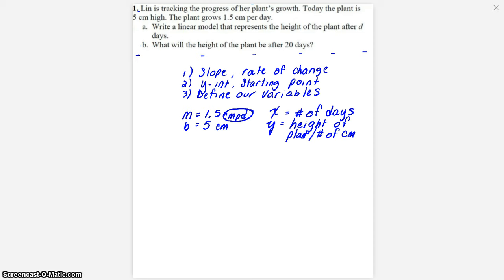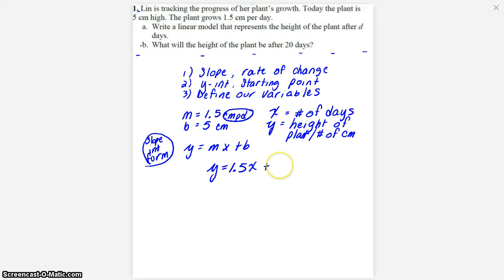Now, we just need to substitute in to our slope-intercept form. Let's write that down. Go back and write this in the notes that we just took. Slope-intercept form is y equals mx plus b. So y stays y. m is 1.5. x stays x, because x could be any amount of days, y could be any number of centimeters.